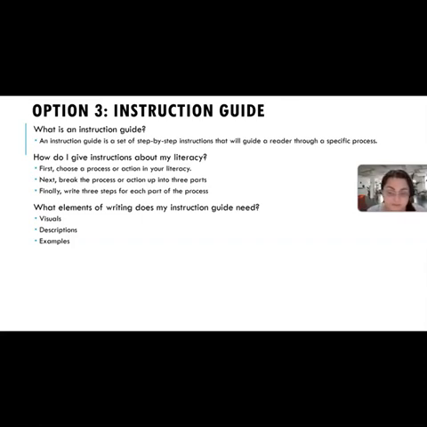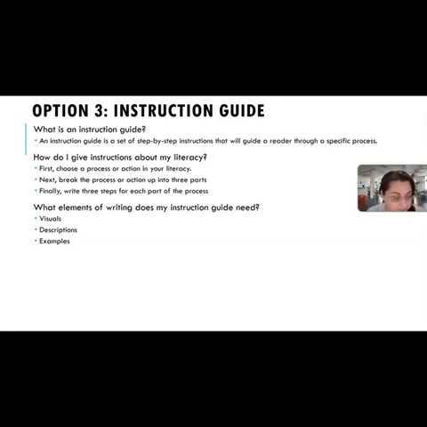You want to be able to give me examples of how something is going to work. When you mix your yeast with water, this is going to happen, right? So visuals, descriptions, examples. You want to make sure that you can walk your reader through a process. So another example might be playing your very first game of Dungeons and Dragons.